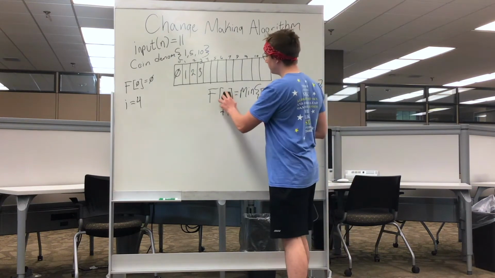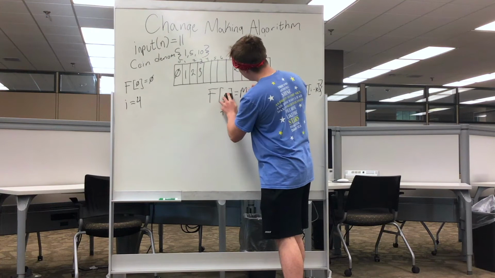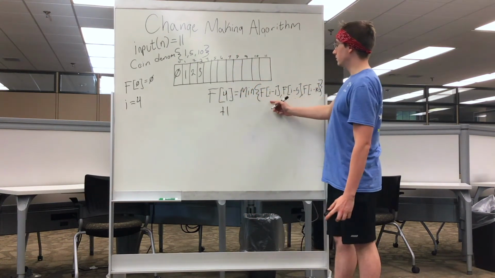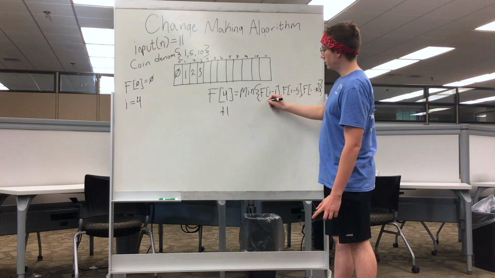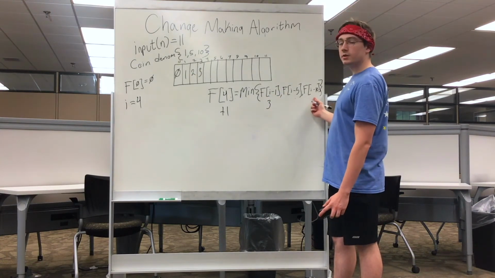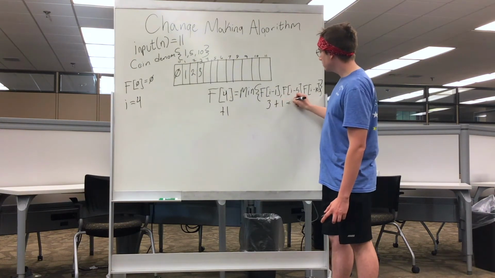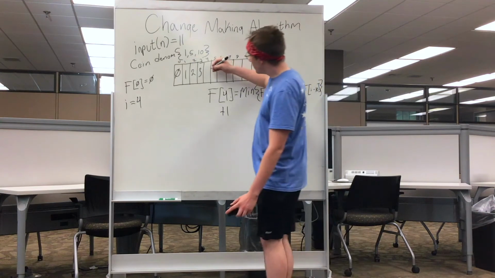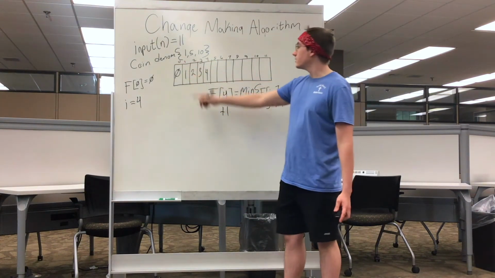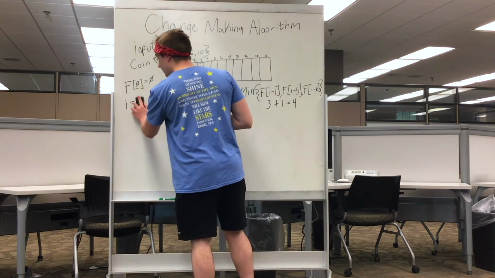So at f of 4, we'll do 4 minus 1, which is 3. 4 minus 5 is negative 1, so we won't use that. 4 minus 10 is negative 6, so we won't use that. So it's going to be 3 plus 1, it's going to be 4. It's going to take out of the coin denominations 4 ones to make the 4, so 4 goes there. Then we'll go ahead and increment I again.